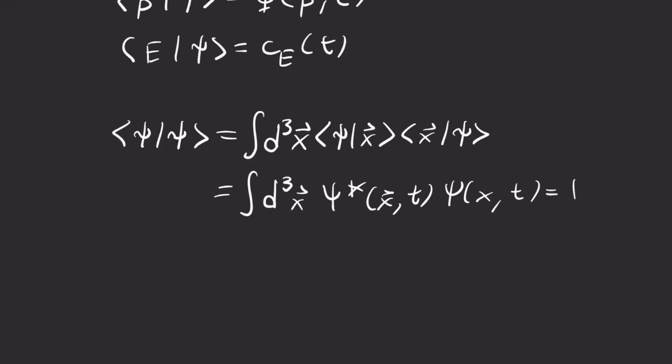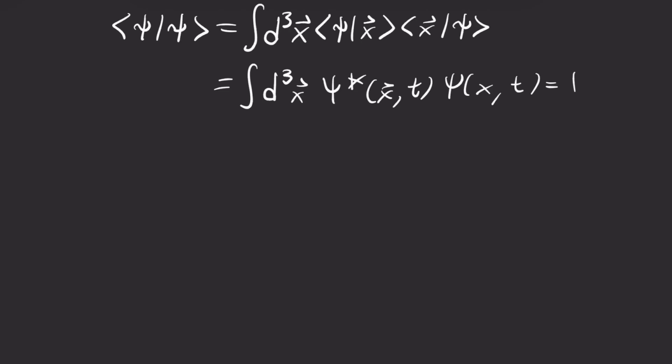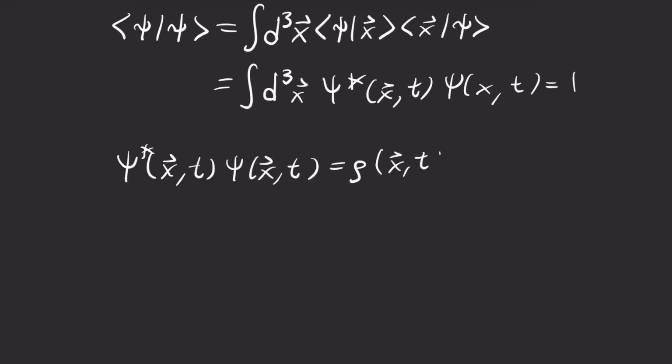So what this implies is if this is all equal to 1, then if I integrate over a region of space, I can get the probability that the particle will be in a particular position. So essentially, this is actually a probability density, right?